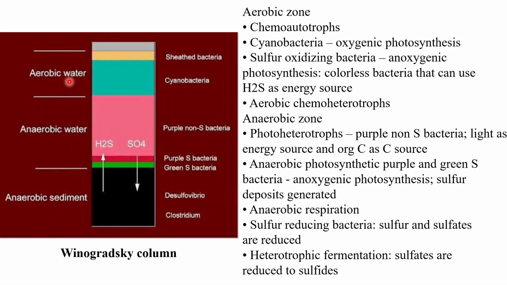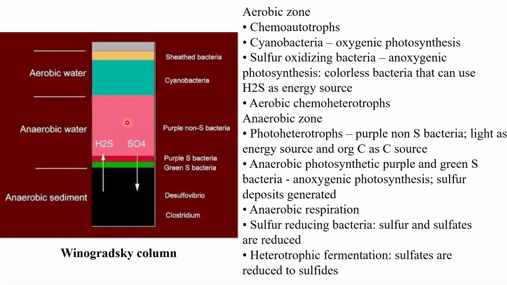Okay, and based on these three zones, different kinds of microorganisms will start growing depending on where they can survive. So if it's an aerobic organism, it will be present in the aerobic region only. If an organism can survive without oxygen, like in that chart I have explained, there are certain bacteria, certain organisms that can use anoxygenic molecules as the electron acceptor.